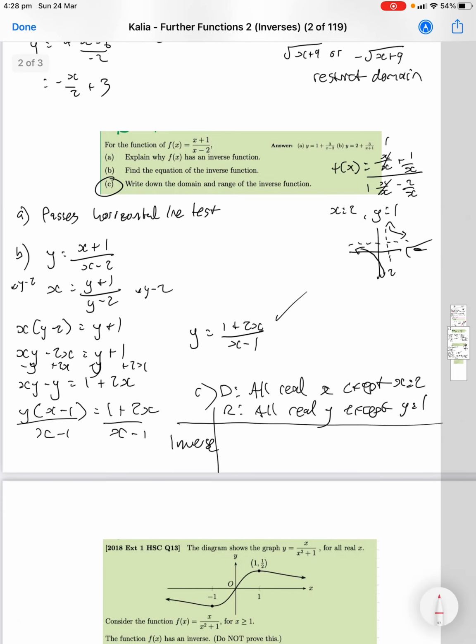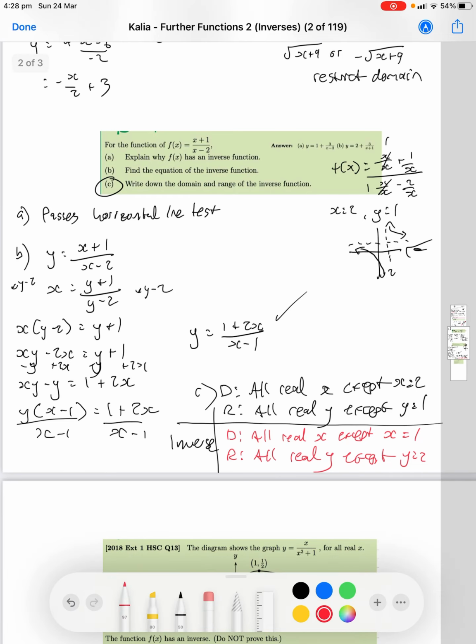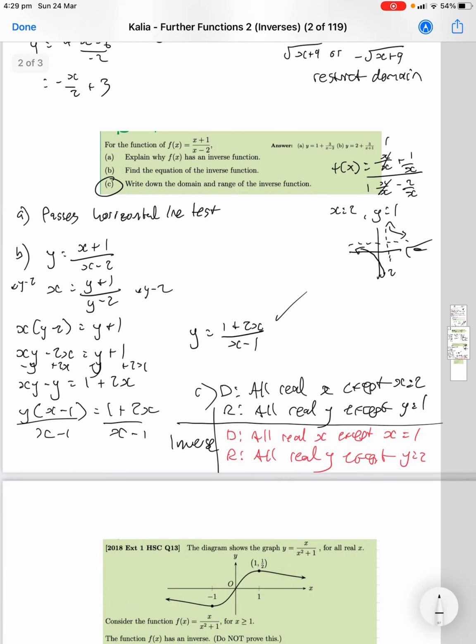So my inverse, the domain of this inverse is all real x, except x equals 1, which is the range of the original. And the range is all real y, except y equals 2, which is the domain of the original. And you're going to get a bit of practice at this kind of thing as well.